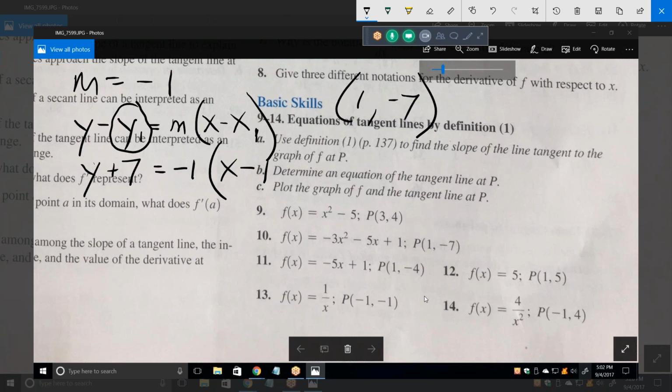Perfect. There is the equation of that tangent line. And you're always going to be using point slope every time you do this. You're never going to use slope intercept format.